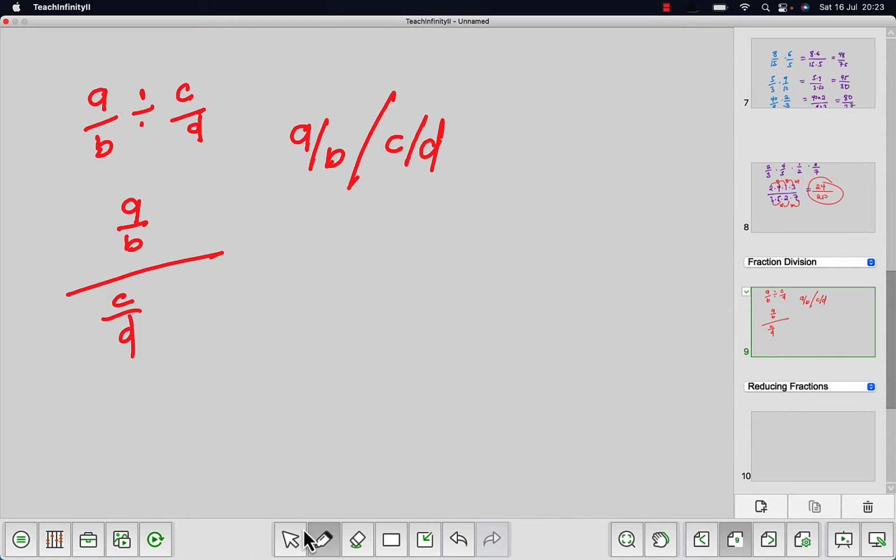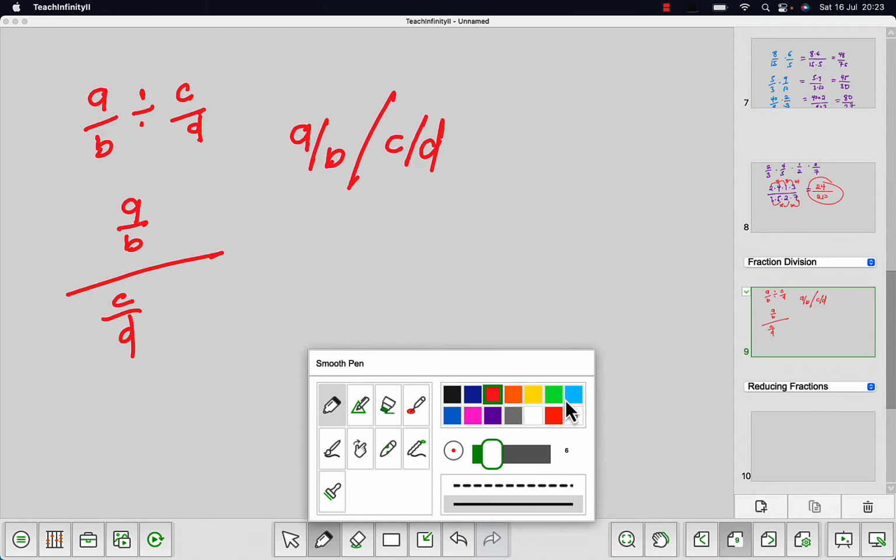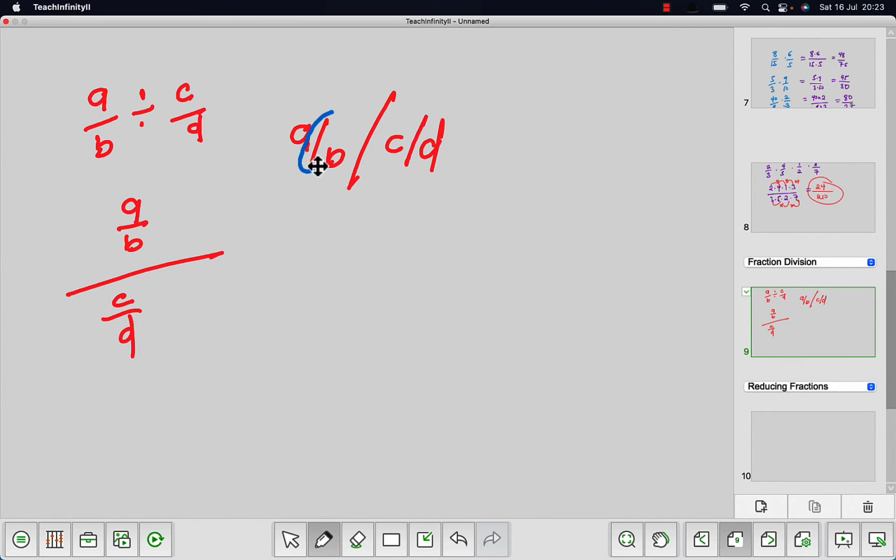Now when you have any problem like this, I want you to take note, okay? These bars here are just the division bar for the individual fractions. But the long bar is what is actually showing the division of the two fractions.